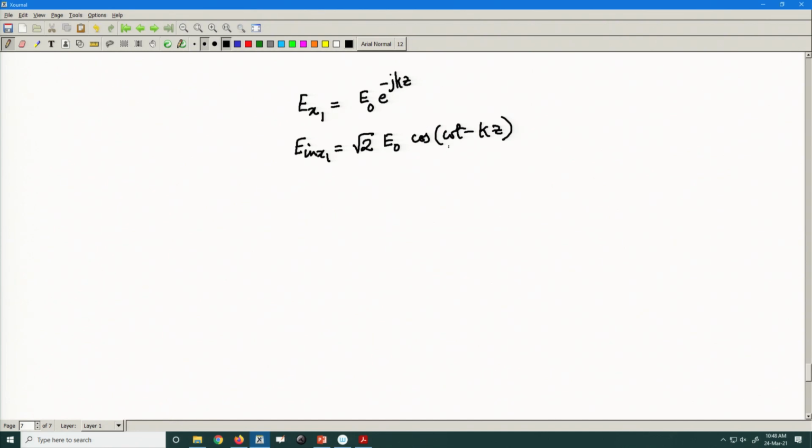So, you see, for a constant phase point, as time increases, z will also increase in order to maintain constant phase. So, this is a forward going wave. The wave moves forward as time increases.